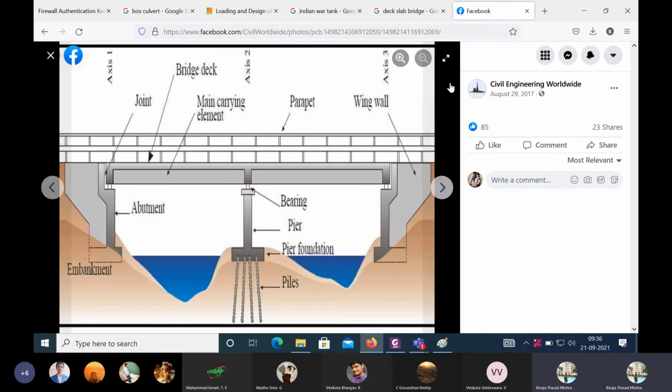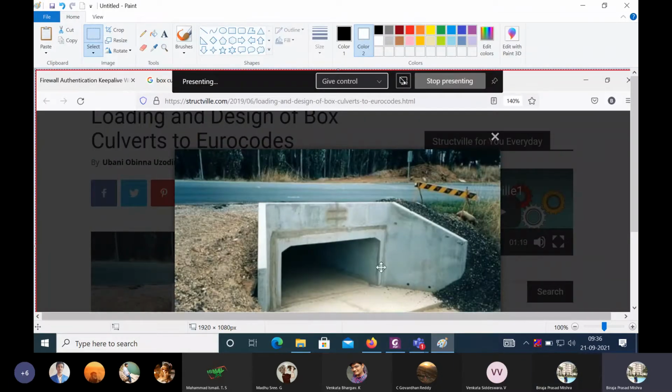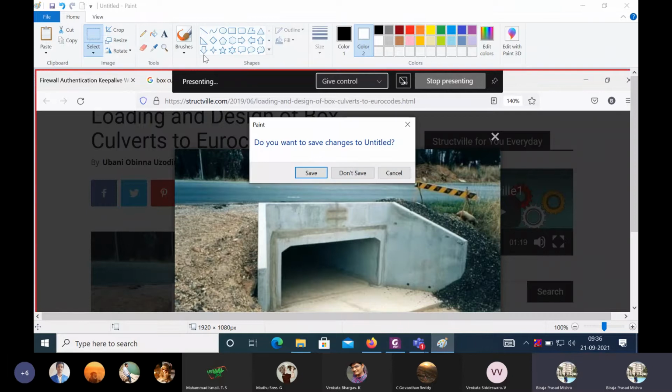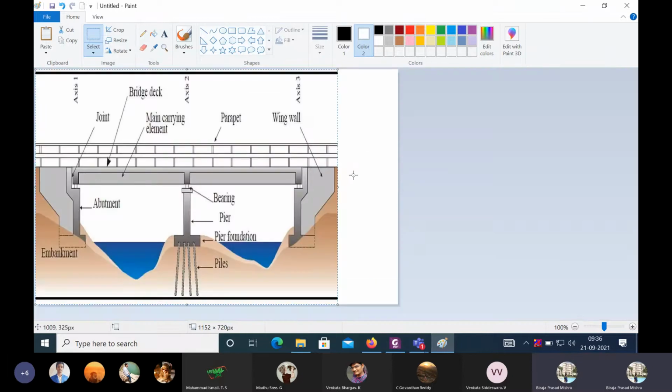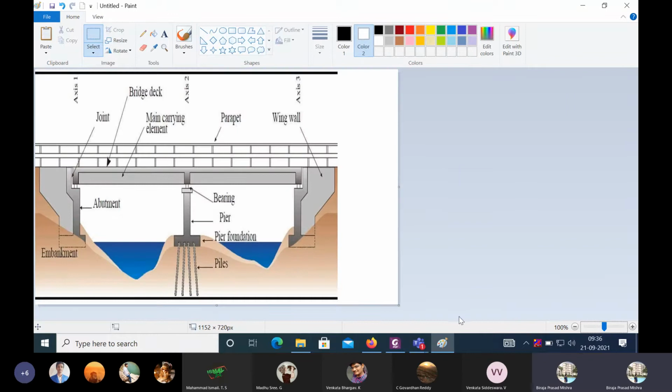This one is a deck slab bridge. Let me copy the image. Don't save.